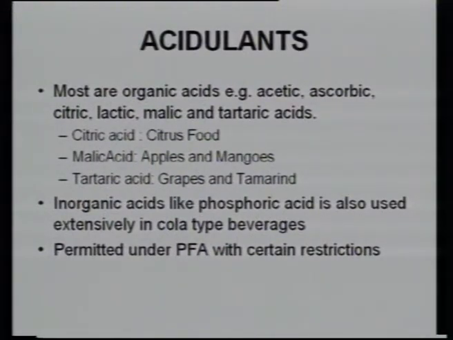Inorganic acid like phosphoric acid is normally used in cola type beverages. They have been permitted, but with certain restrictions. So before using any of these, we must check the legal requirements and what functional properties we have to take.